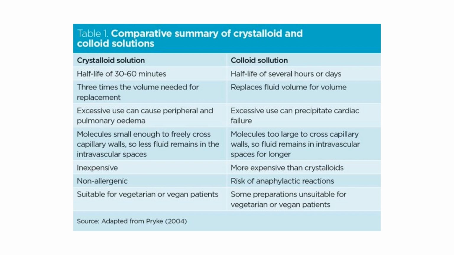So if you were to infuse a liter of normal saline, say, or Ringer's lactate, only a third of it will stay in the vascular space. Most of it leaves the vascular space. So 3 times the volume needed for replacement. If you wanted a liter to stay in the vascular space, you'd have to give 3 liters of a crystalloid.